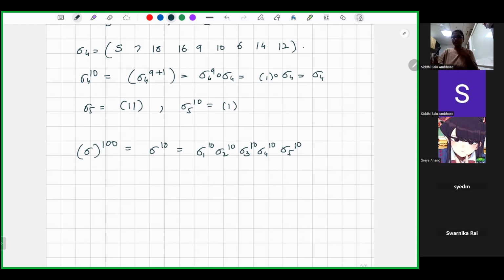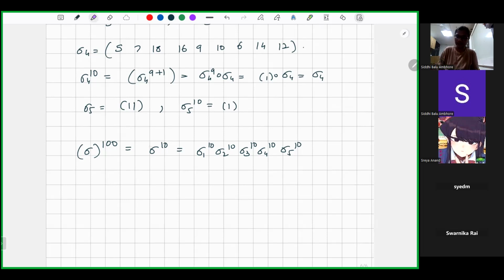In general, if these were not disjoint cycles, we can't do this. It's happening because each cycle is commutative with the other cycles. That's why we could do this. This does not happen in general.